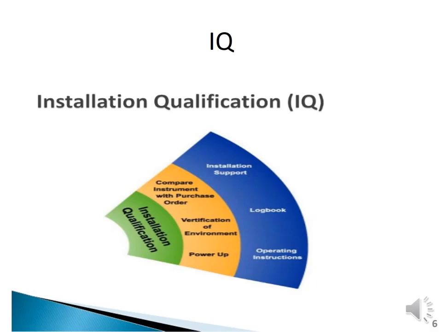When you have installed your machine, you have to compare your instrument with the purchase order. The two should match with each other, right? So this is an important thing. The third circle gives a bit more guideline about the installation qualification. The first heading over there is installation support.